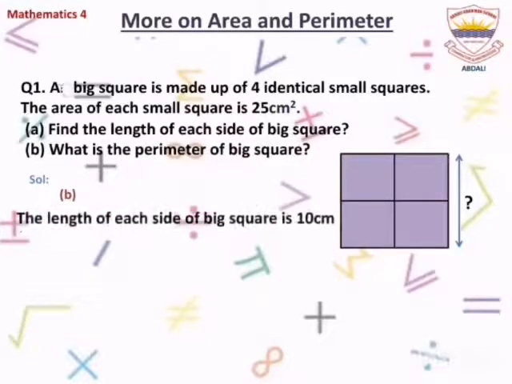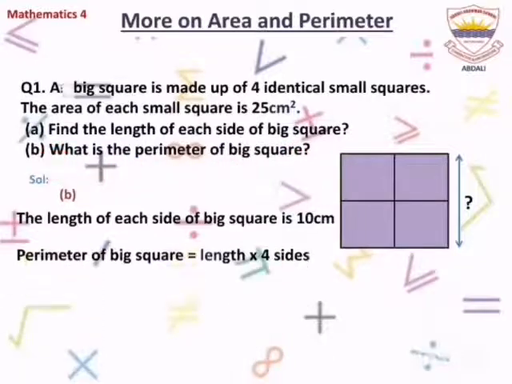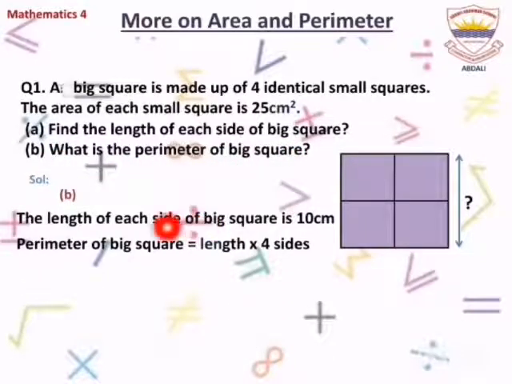Students, remember, we found in part A that the length of each side of the big square is 10 centimeters. Now in part B, we find out the perimeter of the big square. Perimeter of the big square is equal to length multiplied by 4 sides, because a square has 4 sides.